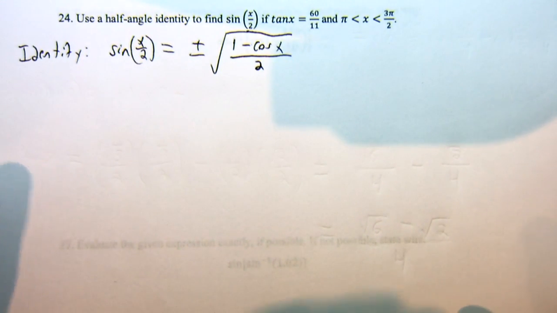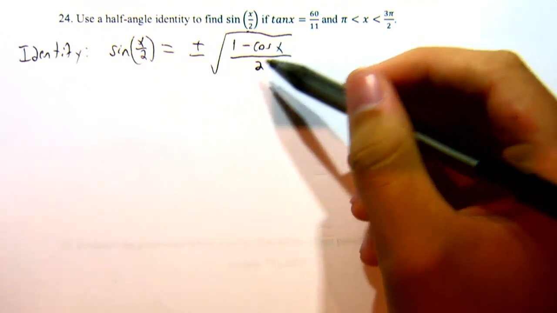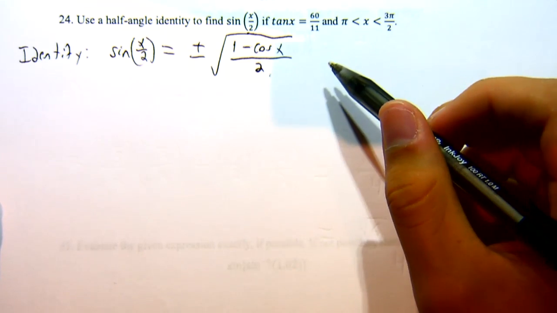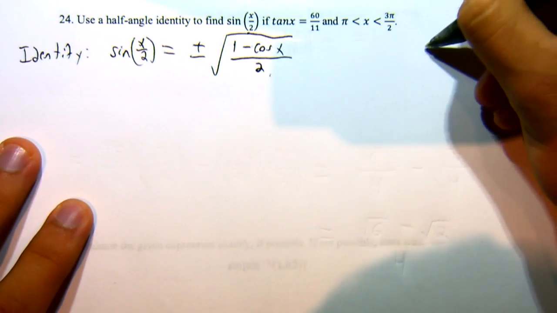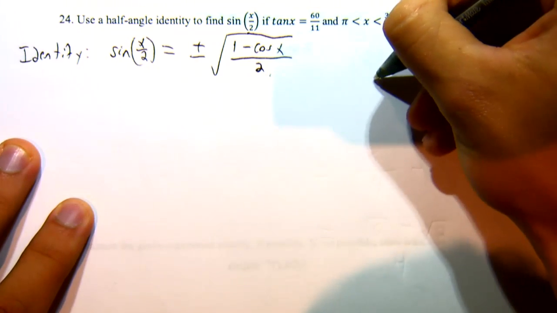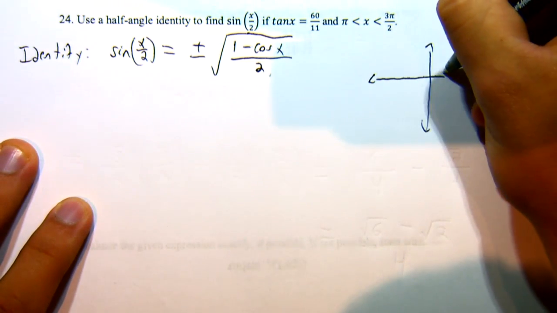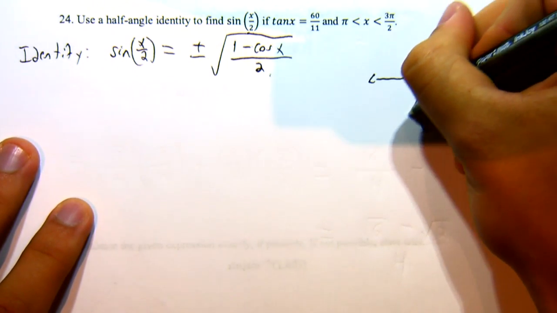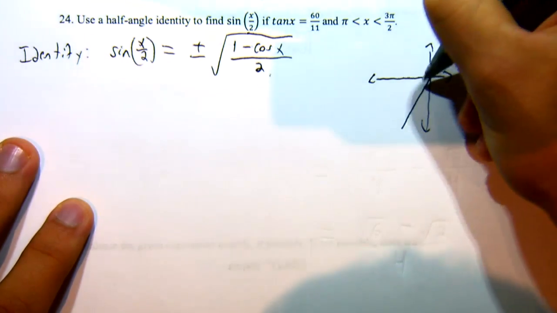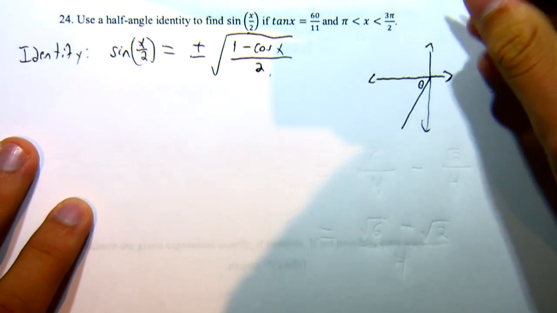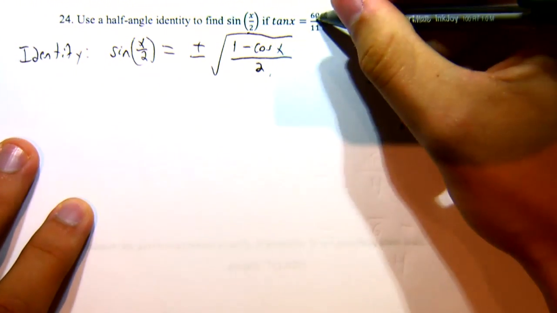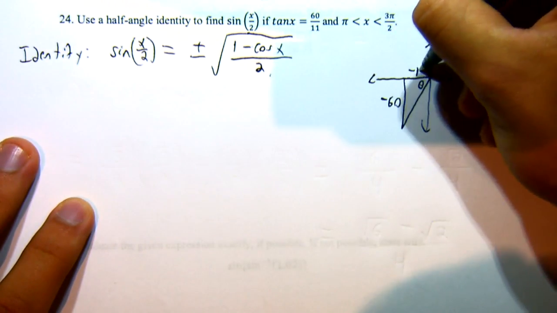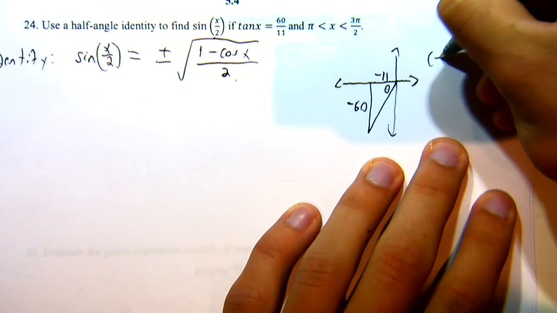Alright, so now what we want to do is first find what cosine of x is, as we did previously. Since we're only given what tangent is, let's draw a triangle again. Drawing a triangle is always helpful because it gives you that visual to help aid you. So once again, opposite over adjacent. It's negative 60. This is negative 11. Pythagorean theorem.